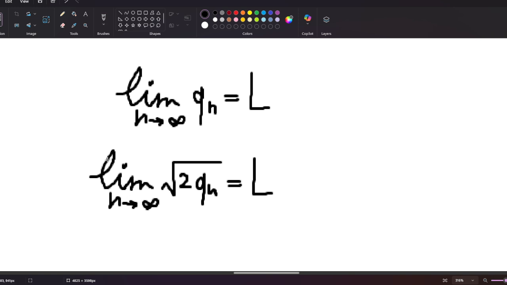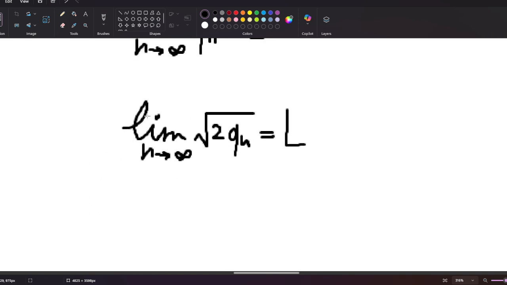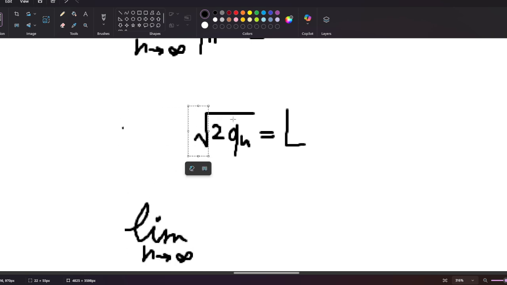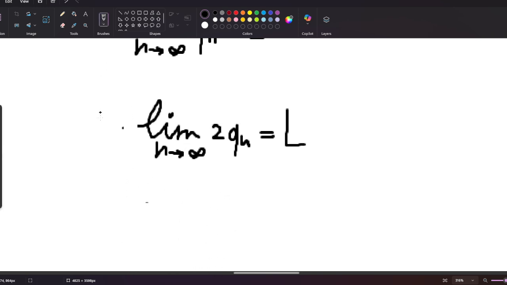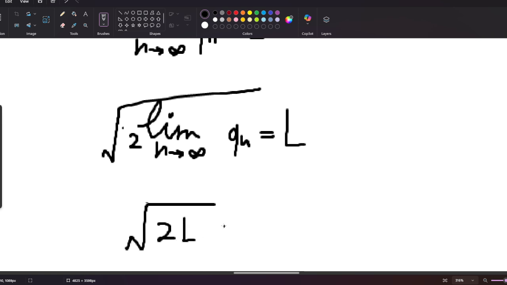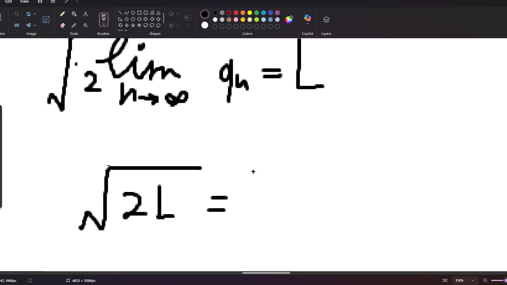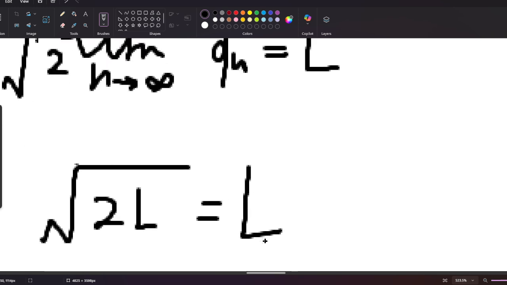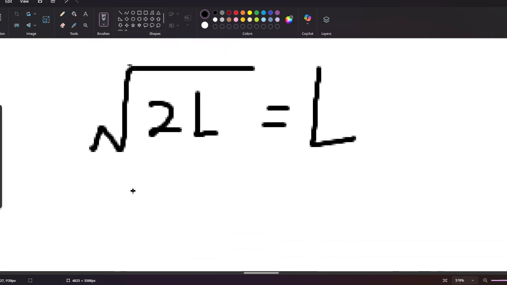According to laws related to limits, we can take the square root outside. And what we can do next is we can bring out the 2. And look what we have here. Square root of 2L equals L.